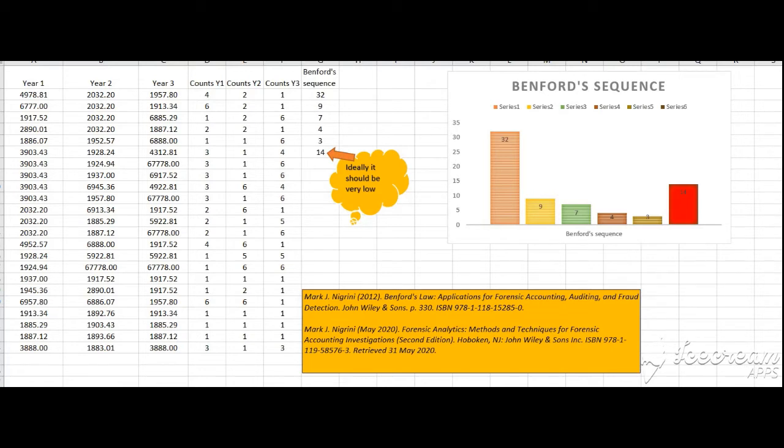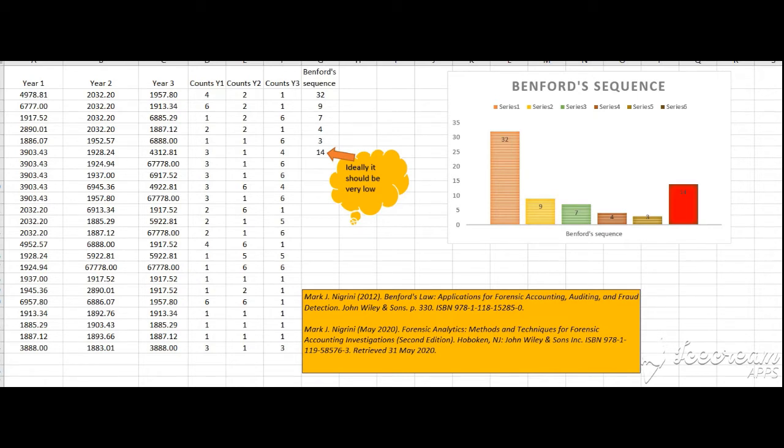But the person from West Virginia University, Dr. Mark Nigrini, who is also now with Cape Town University in South Africa, has been a pioneer in this work. So you can see there are two citations.